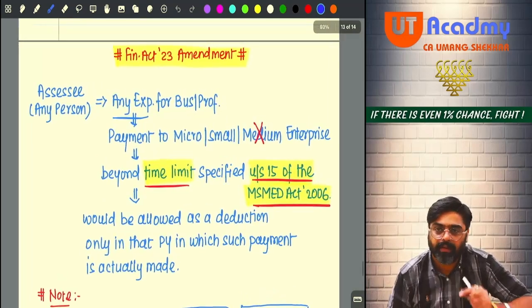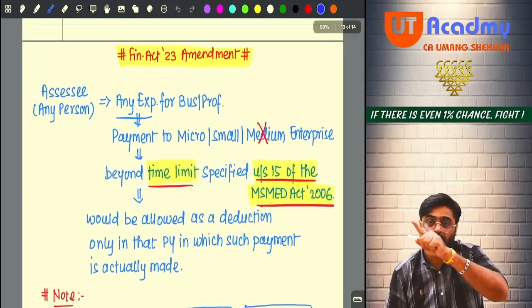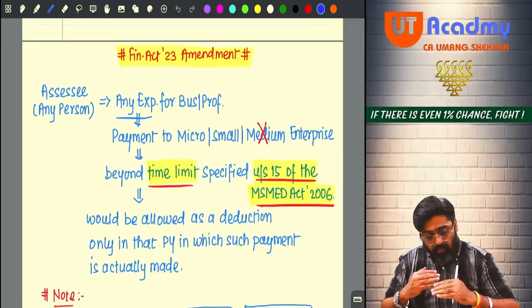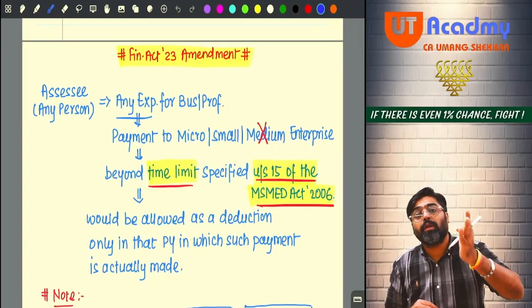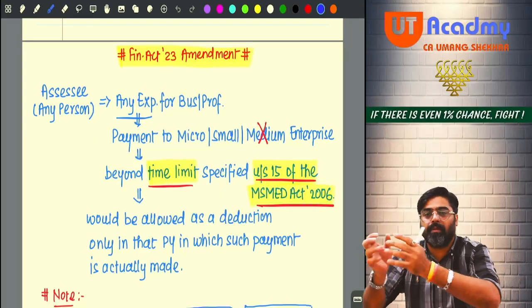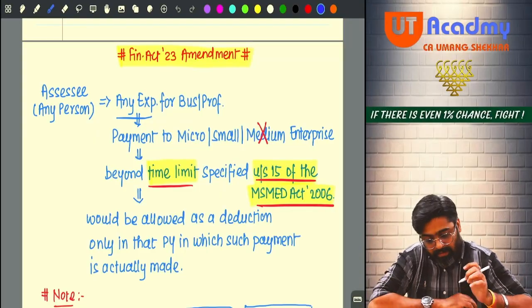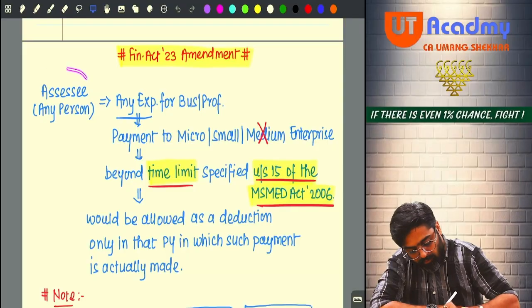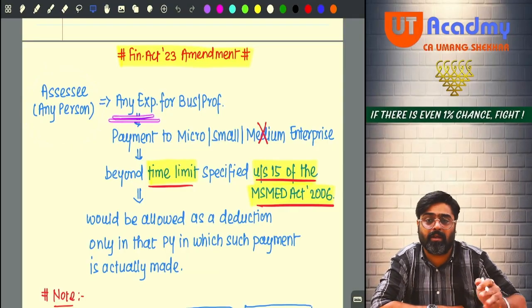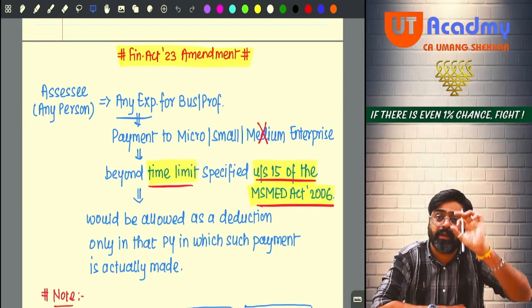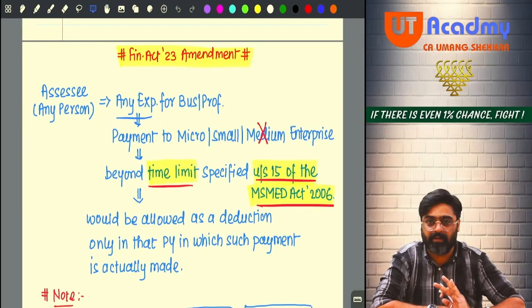Can you see Finance Act 23 amendment? Last year one amendment came, and one more expense got added to the 43B list. If you are an assessee incurring any expenditure, now the expenditure is not specified.